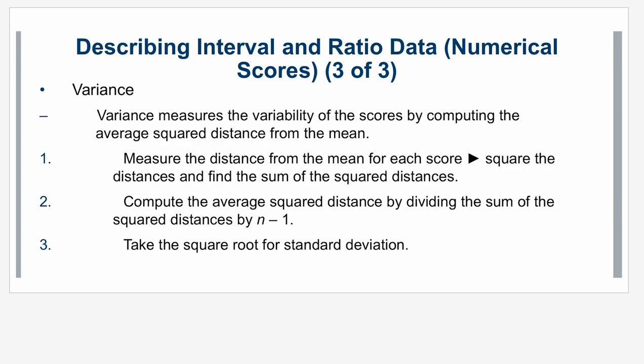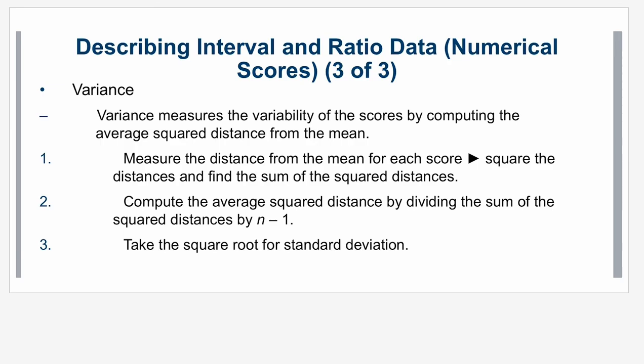Then your distance or your deviation would be 2, because there's 2 between 10 and 12, right? You measure the distance between the mean and the score, and that's your second column: all of the distances or deviations from the mean.